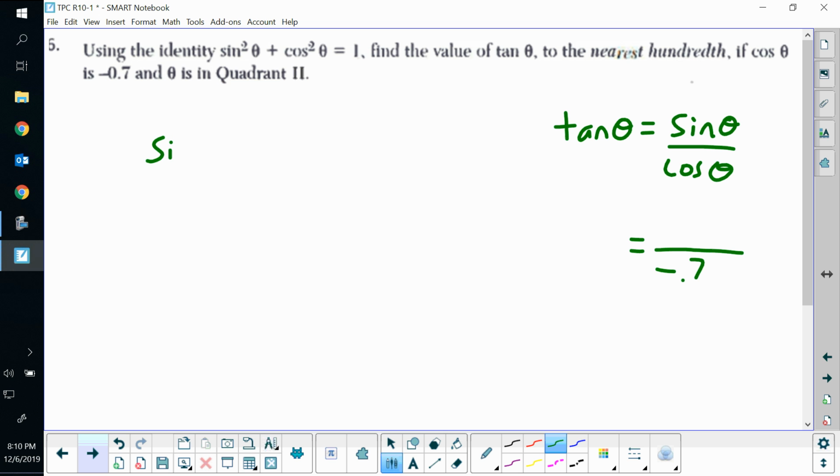When we have a sine squared theta, what that really means is that the entire sine theta is being squared. Likewise, this means that cos theta is being squared. So we can replace our cos theta with the minus 0.7 that they told us in the problem.